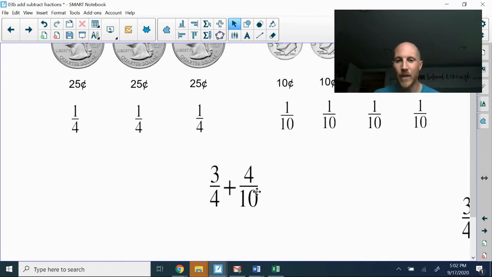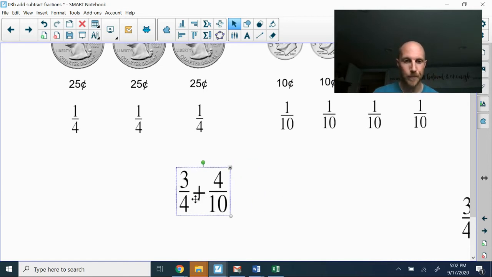You can't add that together yet because they have different denominators. So in order to move forward, I have to change the value of the denominator. But it would not be fair to just randomly change numbers because then it's a totally different problem. So I can't actually change the value of the fraction, right? That's where the tricky one comes in.